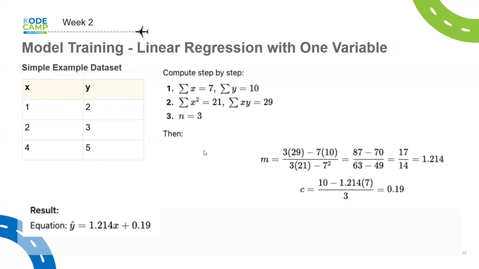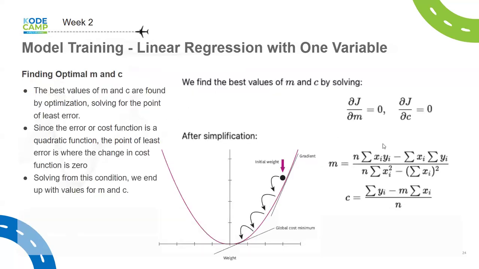So the summation x, again, remember this equation is using summation xi yi minus summation xi times summation yi, over n times summation xi squared minus square of summation xi, right? So this one is the sum of the square, while this one is the square of the sum. They are different.